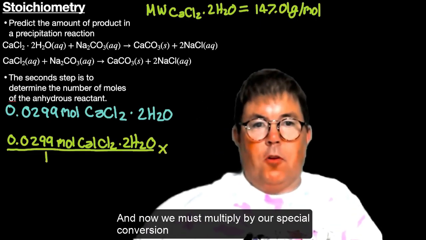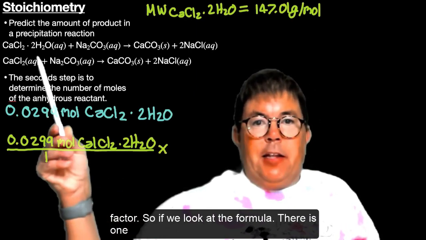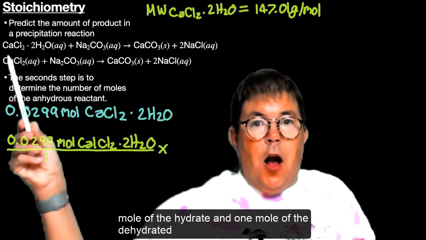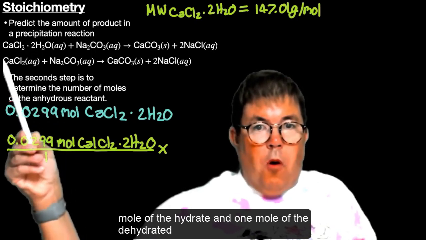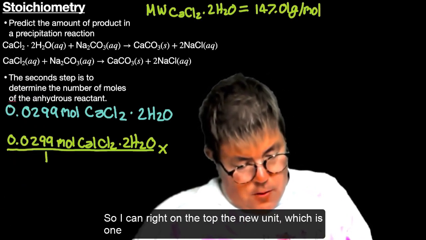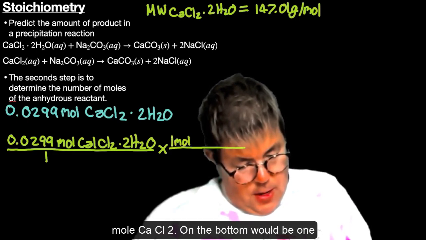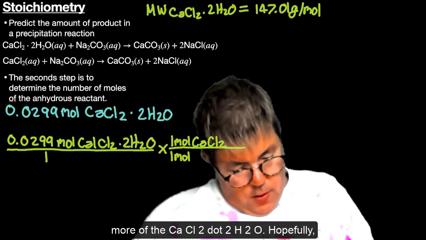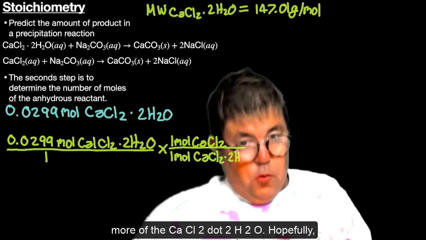And now we must multiply by a special conversion factor. So if we look at the formula, there is 1 mole of the hydrate and 1 mole of the dehydrated. So I can write on the top the new unit, which is 1 mole CaCl2. On the bottom would be 1 mole of CaCl2.2H2O.